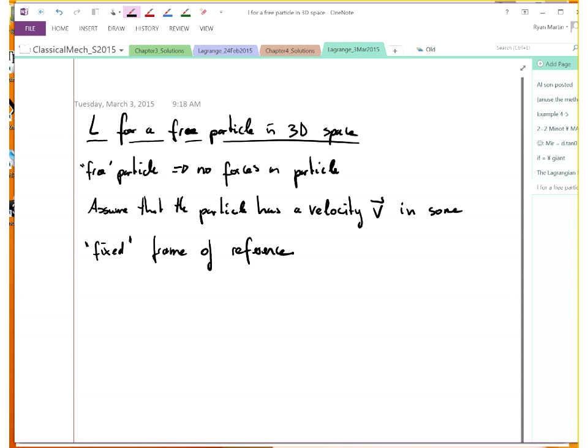This is a free particle in empty space, and it has a velocity v in some official fixed reference frame. This is completely empty space, so it's completely arbitrary to say that one frame of reference is fixed. You could have another frame of reference that has a constant speed with respect to the first one, and that frame of reference is just as official as the first one. Okay?